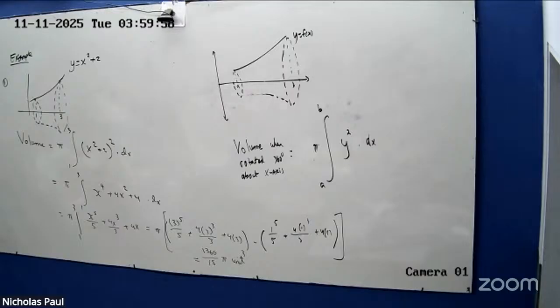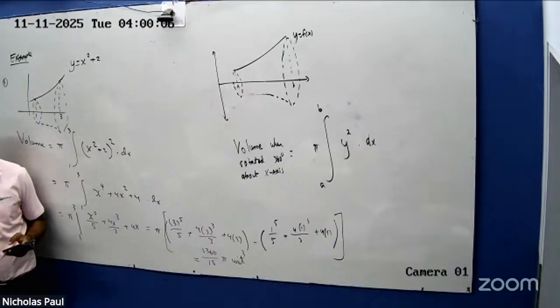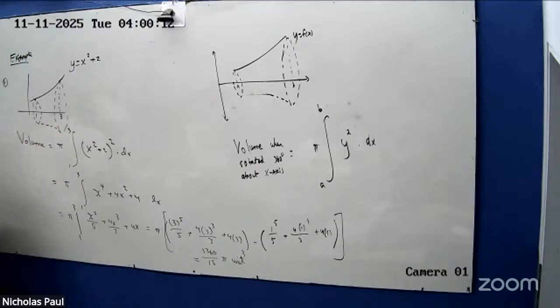Anybody else get 1366? Check and see now. Anybody online? Do you all have a value? 1366 over 15.